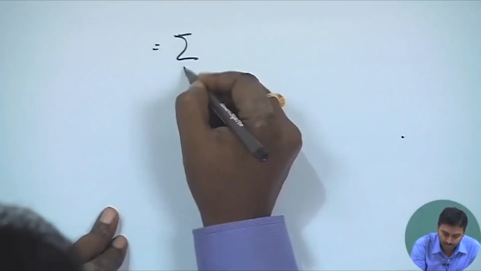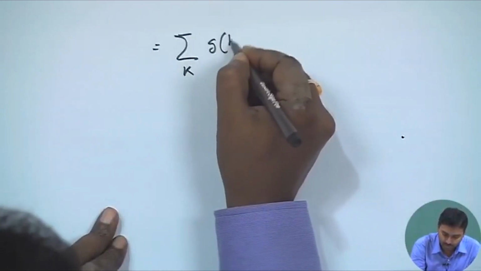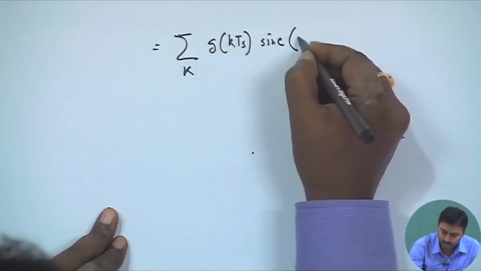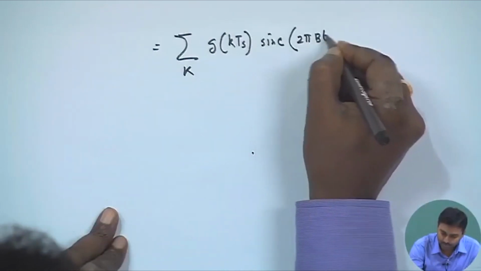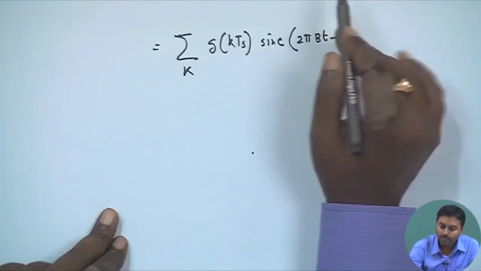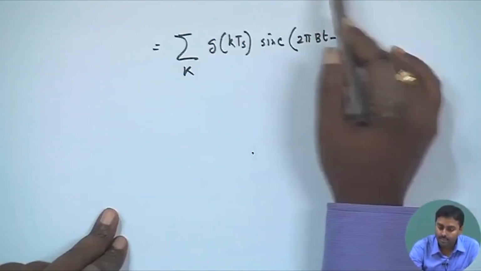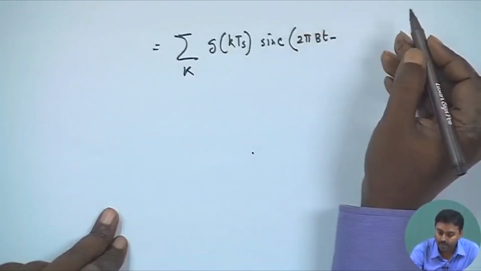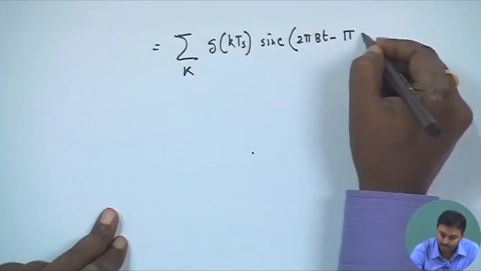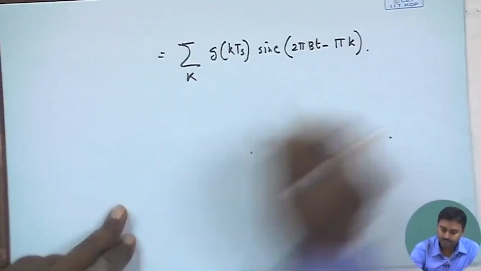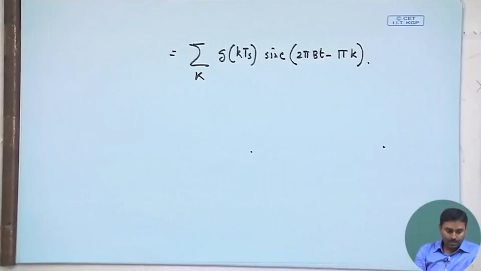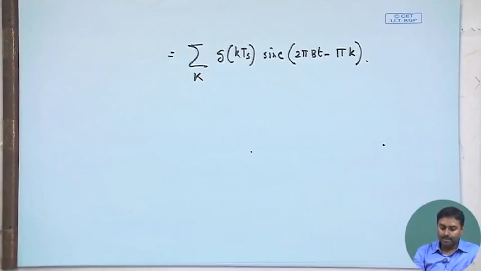This is actually summation k g(kTs) sinc of 2 pi bt minus 2 pi b into k into Ts. B into 2bTs, we already know it is 1. So, this will remain as pi k, right. So, what exactly is happening?